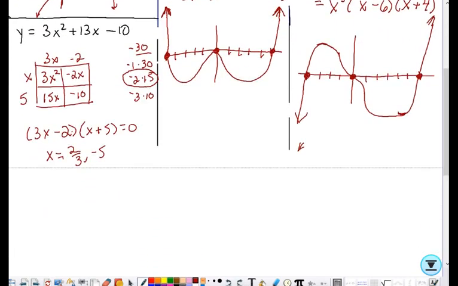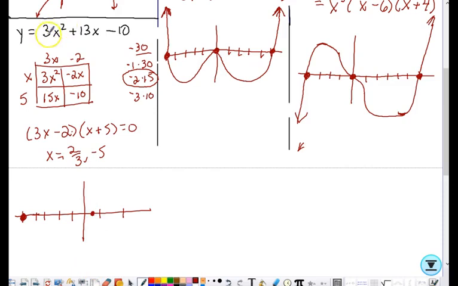Set each factor equal to 0 and solve. So when I go to scale out my graph, 1, 2, negative 5, 2, 3, 4, 5. There's negative 5. 2/3 is 0.6 repeating. It's in here between 0 and 1.